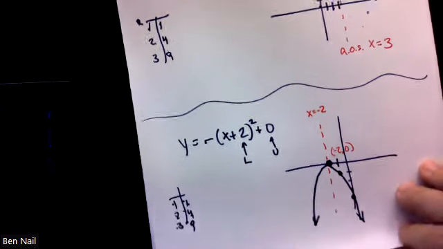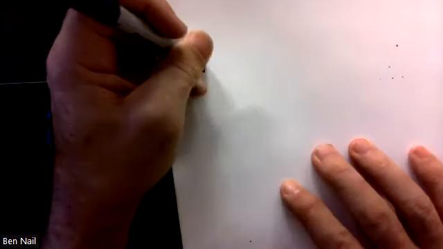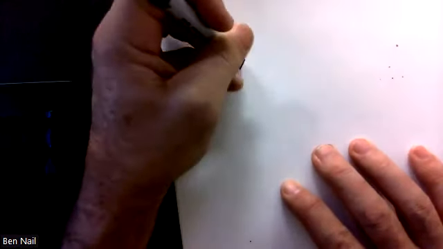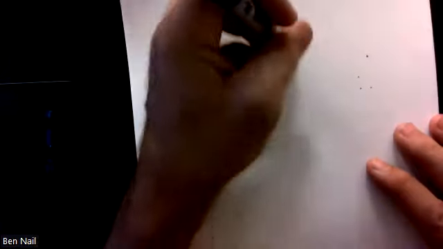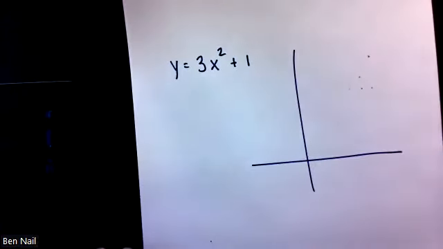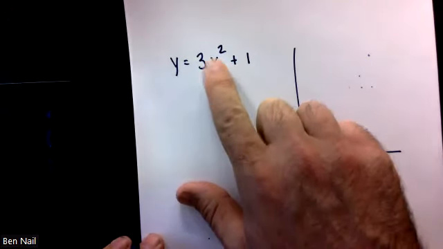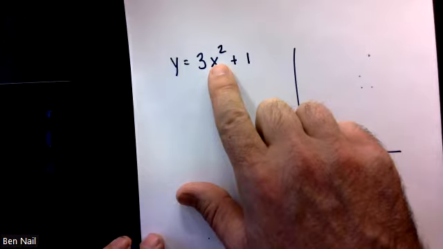I'll do one more example. Now, as far as my shifts, I don't have any parentheses. I'm not adding or subtracting anything to the x inside of the parentheses.